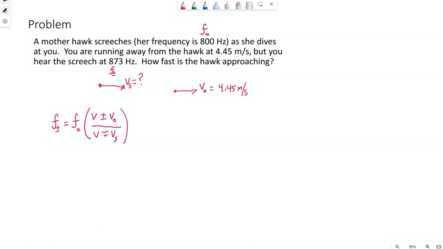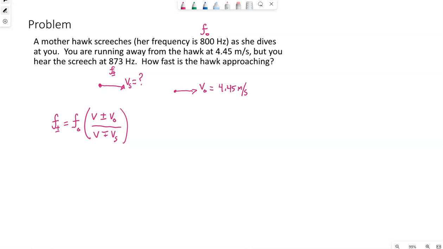I prefer to plug in my numbers for this particular equation now, just to remember what I have and what I'm looking for and get my numbers correctly. It's how my brain works in this specific situation.